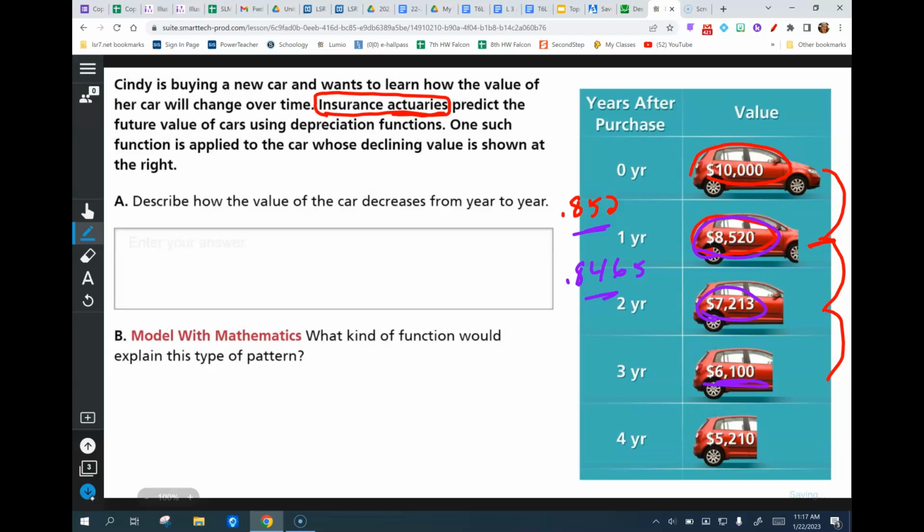You always have to take the second value and divide it by the first. So 6100 divided by 7213, and we get 0.8456. Those are all pretty close together. So what kind of function do you think this is? Oh, I'm supposed to say that it's going down, or decreasing, and it's going down by a ratio.